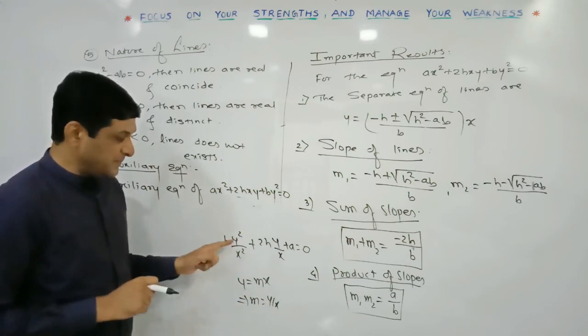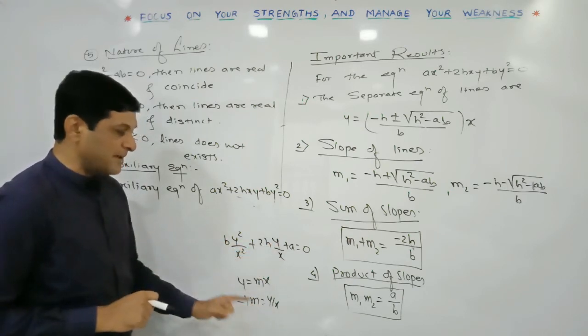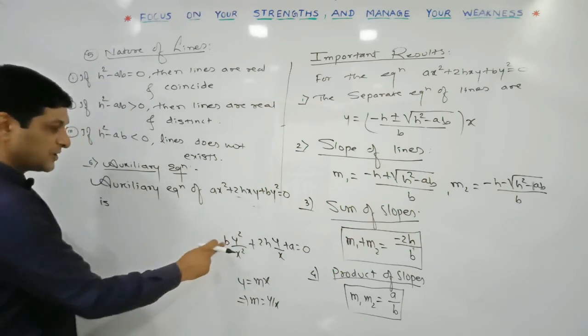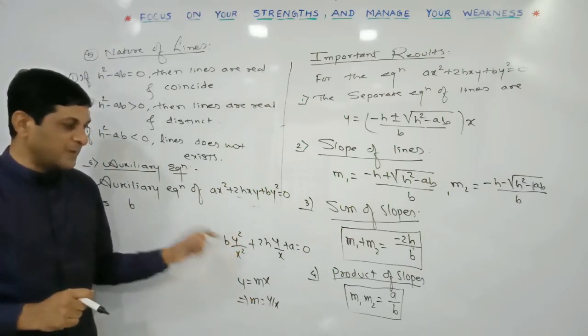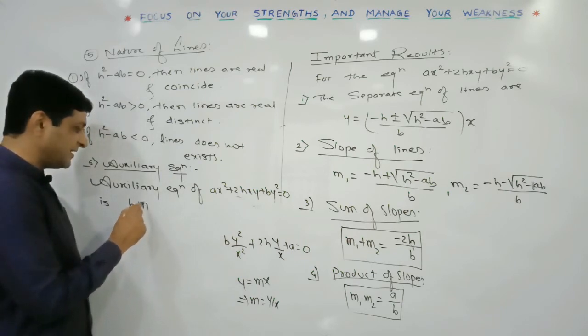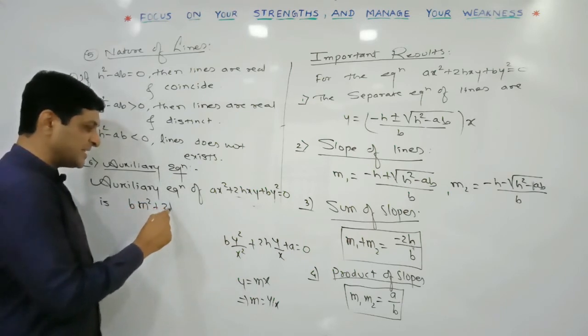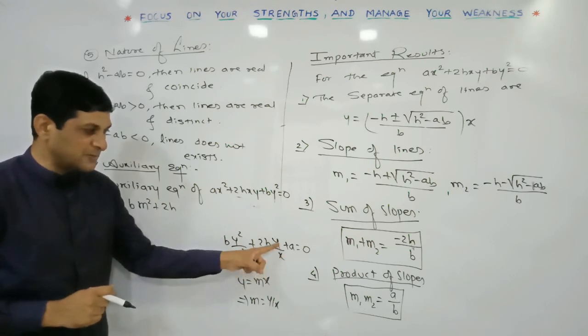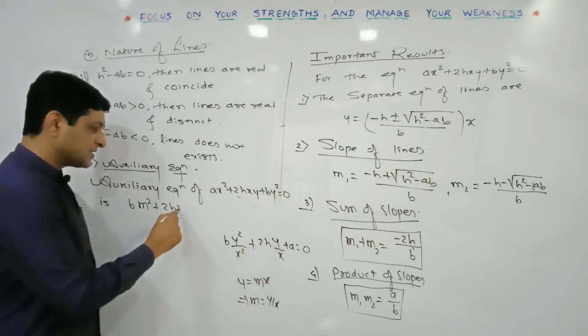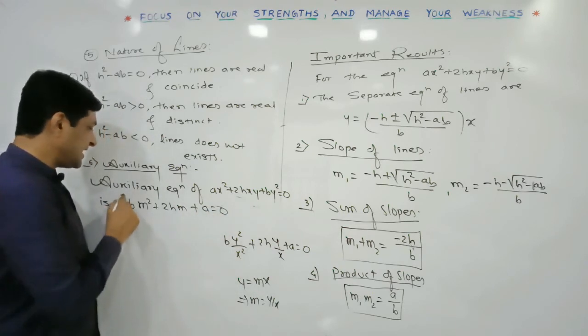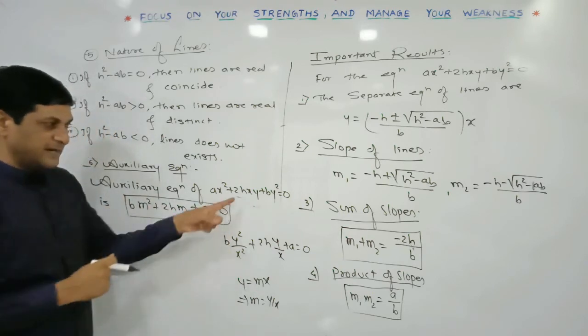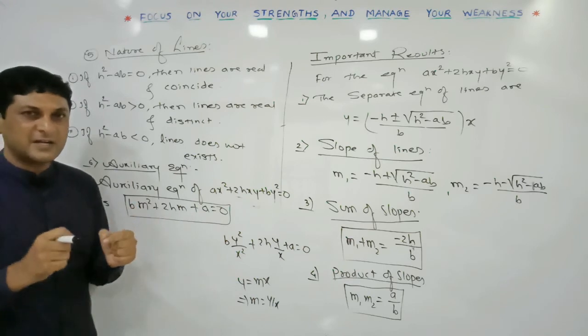Now if we replace y by x by m, this equation will become, keep this b as it is, y by x means m, so y square upon x square means m square, plus keep the second term as it is, 2h. Here also I am replacing y by x by m, so 2h m, plus a is equal to 0. Means the same equation we have converted in terms of slope.